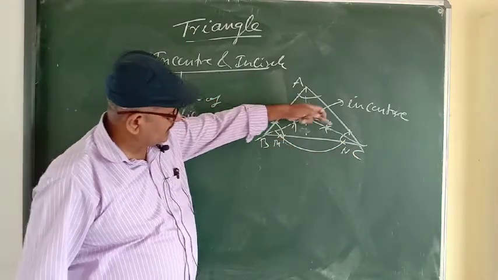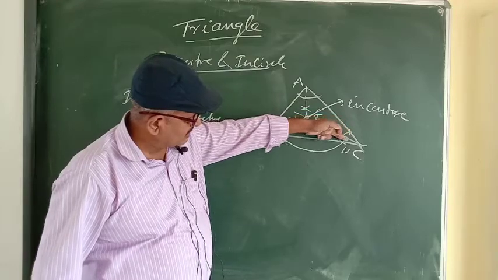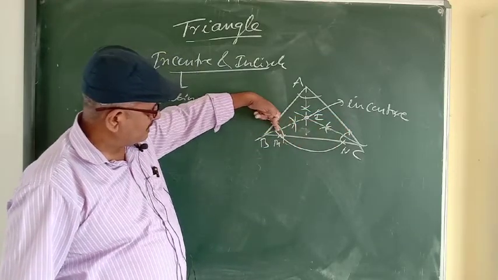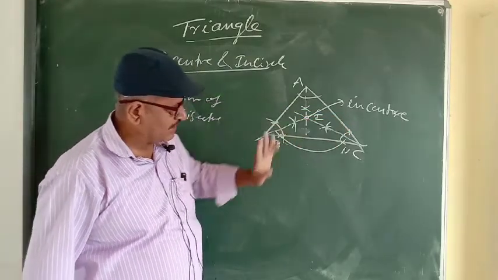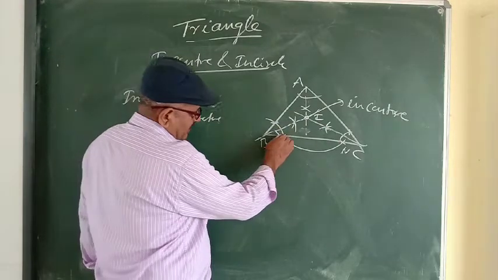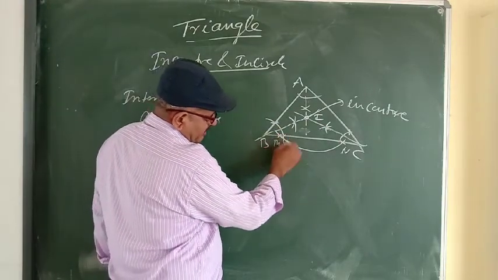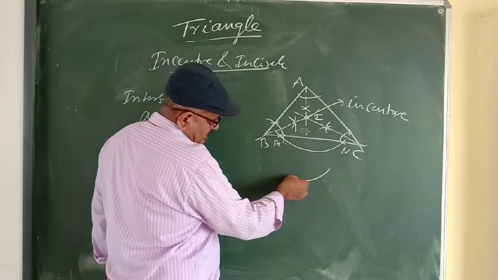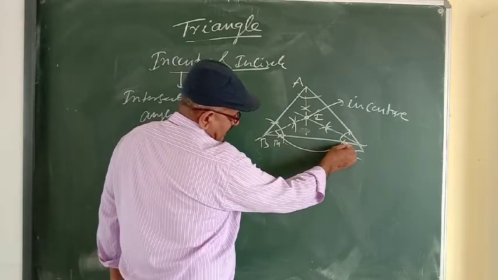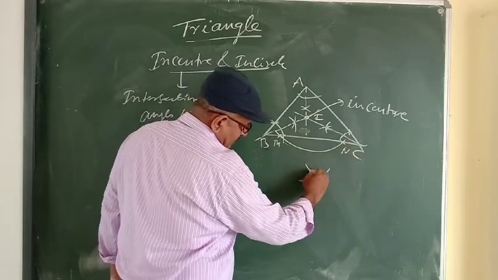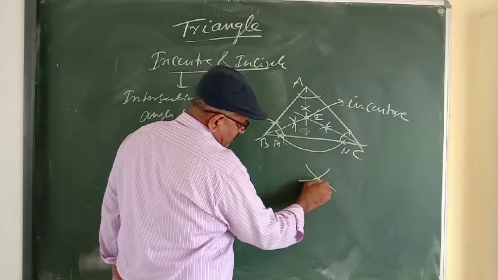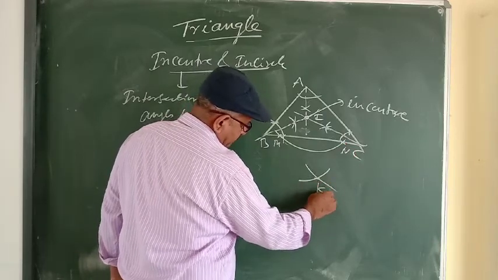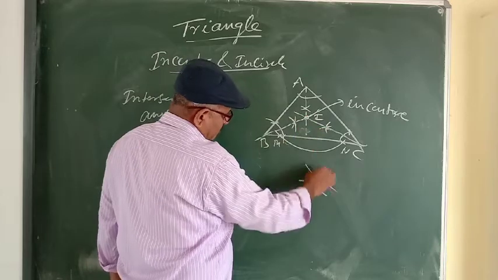Taking I as center and any suitable radius, we will draw an arc which will meet BC at two distinct points M and N. Now taking M as center and a suitable radius, draw one arc downside, and N as center with the same radius, draw another arc. Both arcs meet here. Suppose it is K. Now we will join I to K.